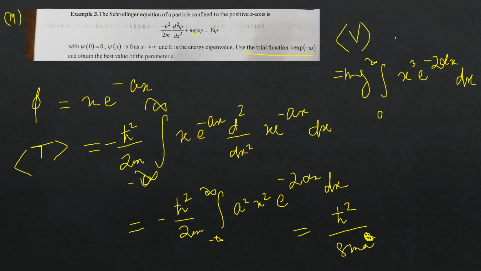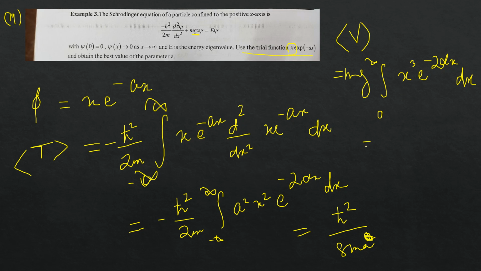How did x cube come? x square from psi star psi, and another x from the potential energy, so x cube.